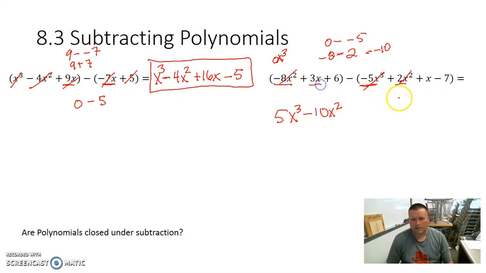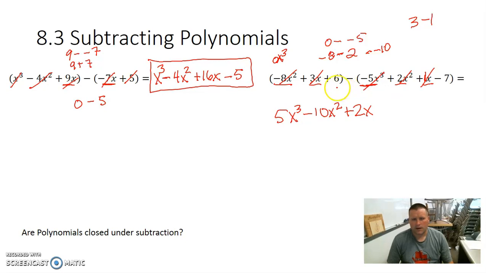Then I go to my next like terms. I've got 3x and I've got x. So I'm going to go 3 minus, if it's x, there's really a 1 in front of it. Just remember that. So it's 3 minus 1, which is 2. So I go plus 2x in that case. Those go away.